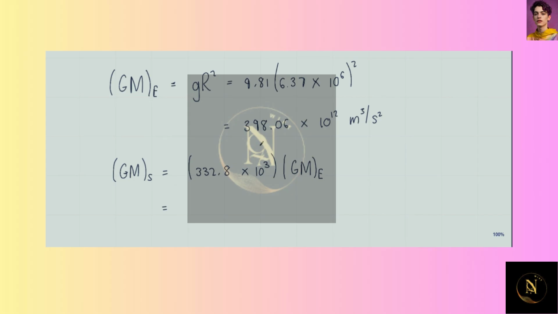And if we multiply this value by our first answer there, we get this value to be 132.474 times 10 to the 18 meters cubed per second squared.